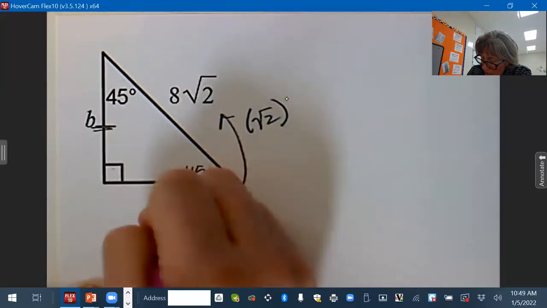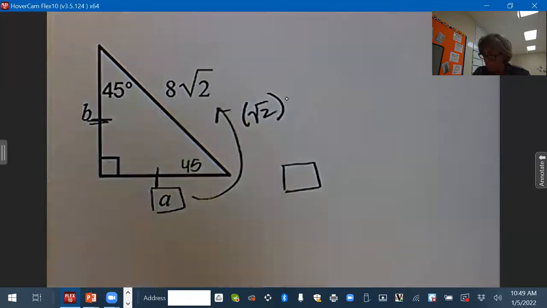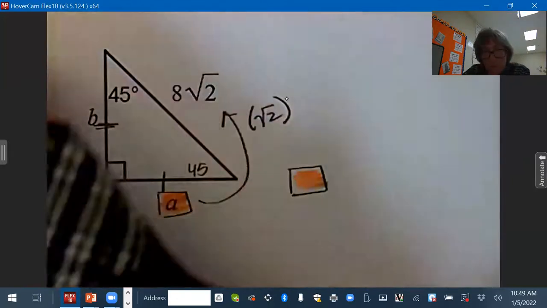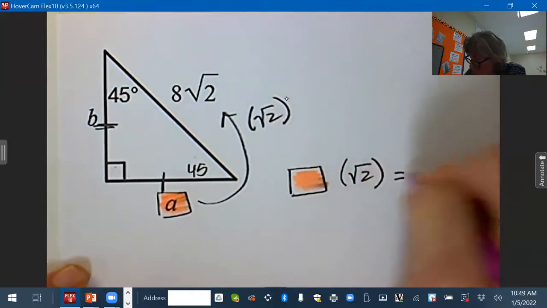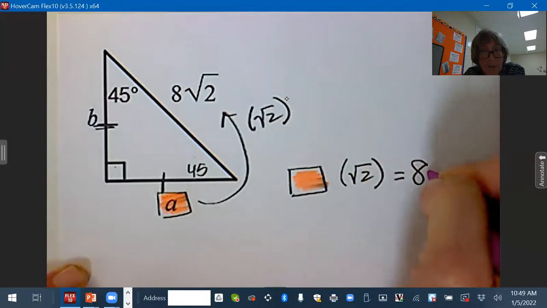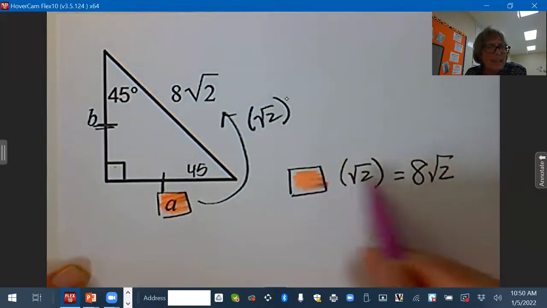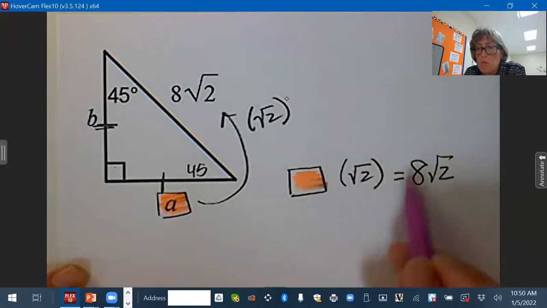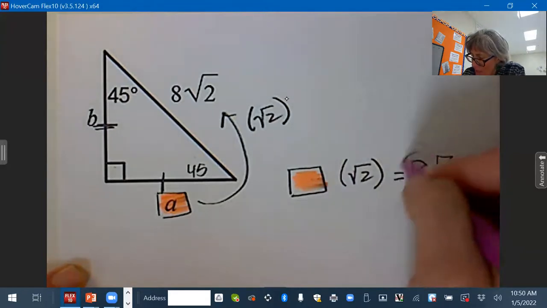It reads like this: something that is unknown times root 2 is 8 root 2. Something times root 2 is 8 root 2. Guess what the something is?